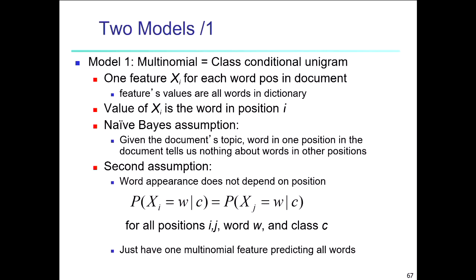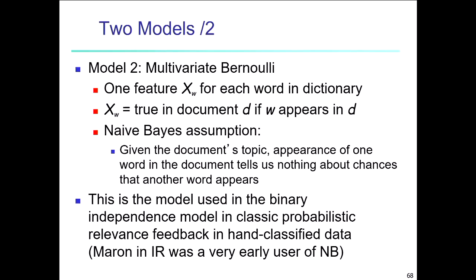So you can think, to be or not to be, not to be or to be, they're all the same. And in Bernoulli models, the assumption is that the appearance of one word in the document tells us nothing about the chances that another word appears.